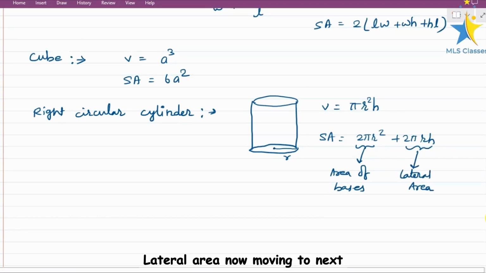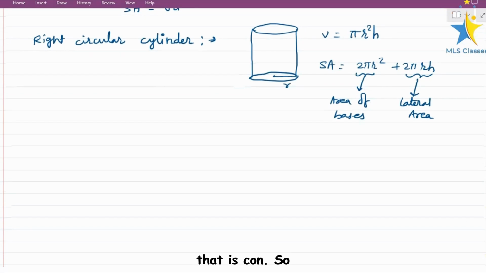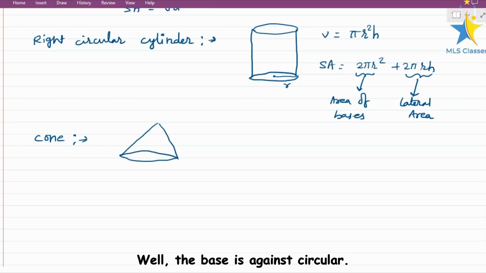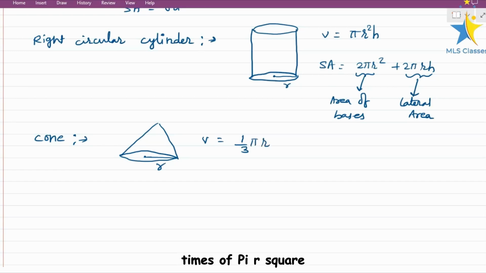Now moving to the next, that is the cone. So it's like this, where the base is again circular. Suppose this is the radius, then the volume is given by 1 over 3 times pi r square h.